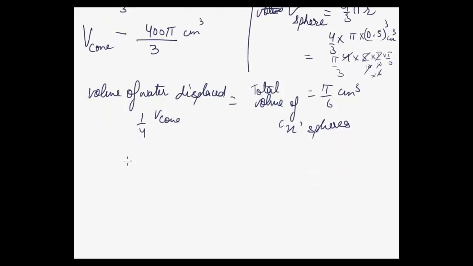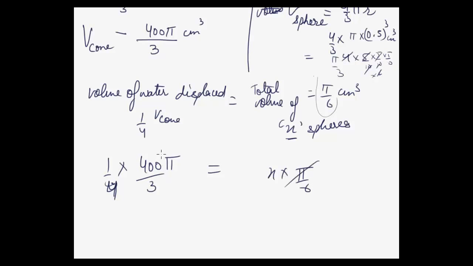So we can say that 1/4 into 400 pi/3 is equal to, say we have x spheres and volume of one sphere is pi by 6, so x into pi by 6.